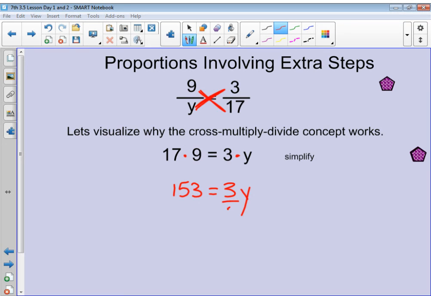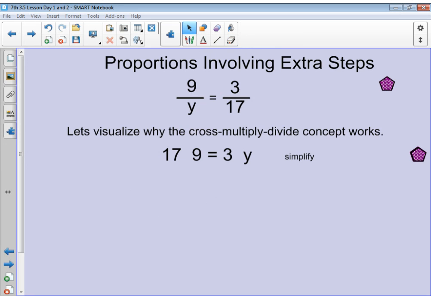Here, we have to divide by 3 to get y by itself. So 153 divided by 3 is going to give me 51. So I just found out that y equals 51. Now when I check my cross products, it gives me the same answer of 153 for both of those.